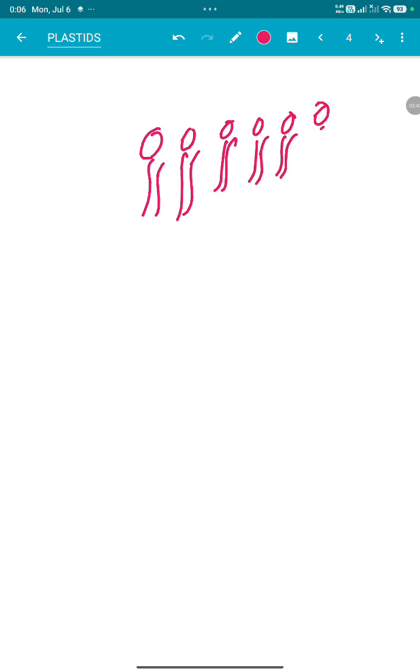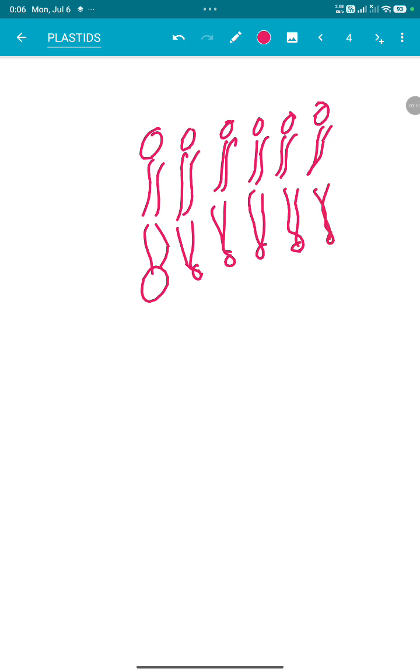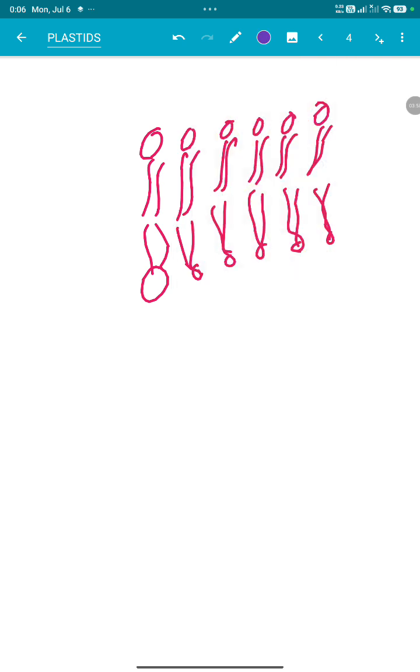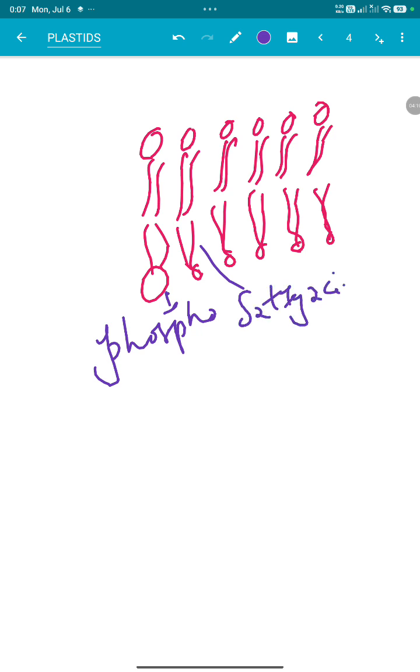In these, the common thing for everything is the bilayered membrane. Its membrane will be a phospholipid bilayer. This is the phosphorus, and this is the fatty acid tails.